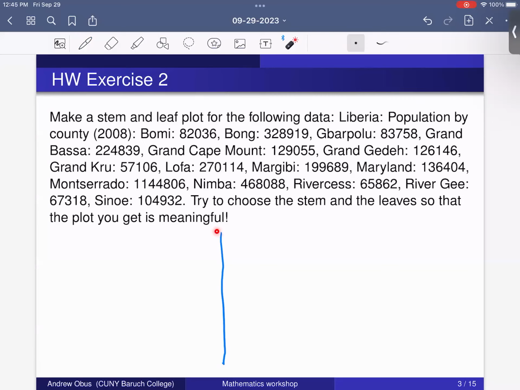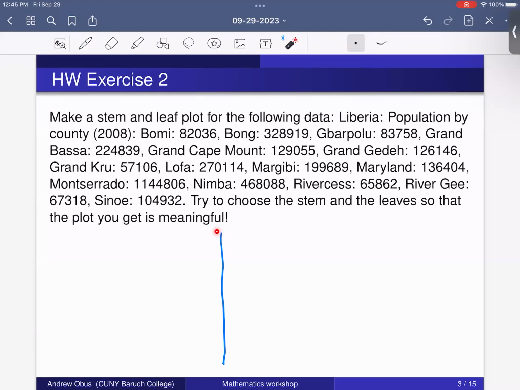Clinton? Yeah, so in the process of choosing the leaf and the stem for this data to make it meaningful, we want to take the first 2 digits, and then the remaining 3 will be for the leaf.